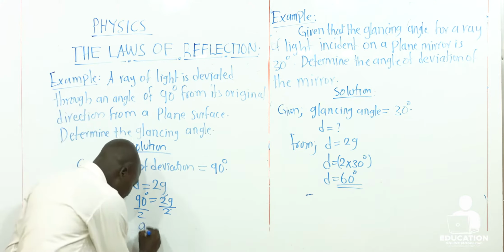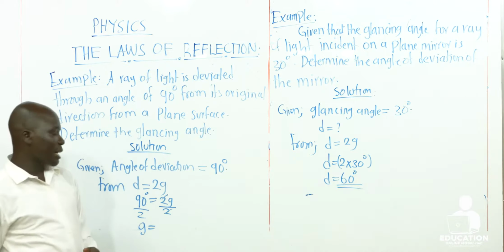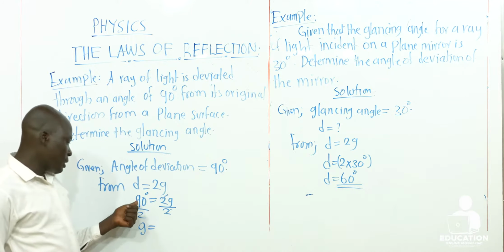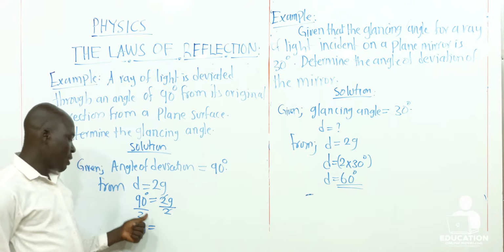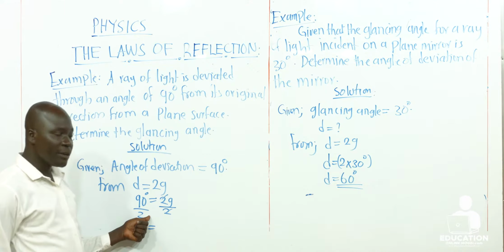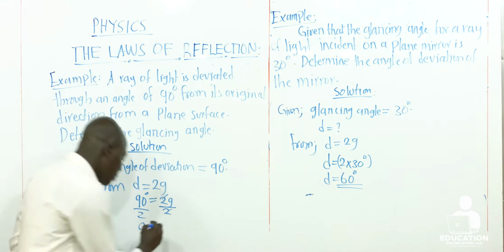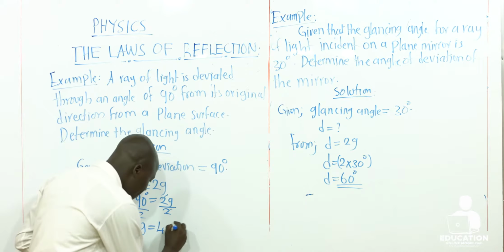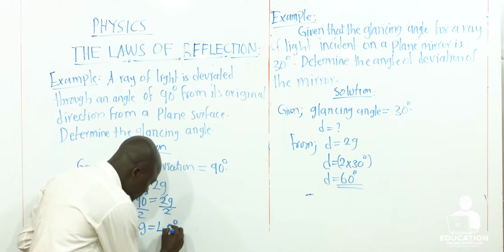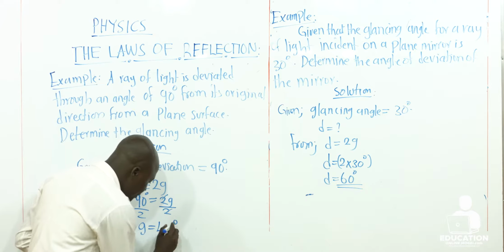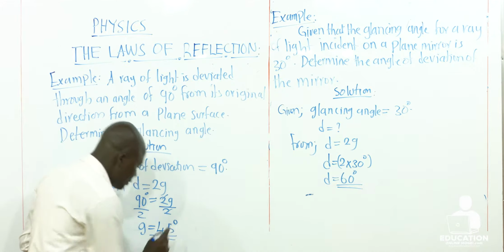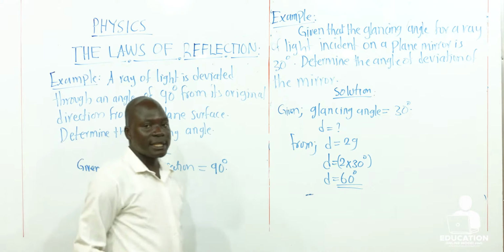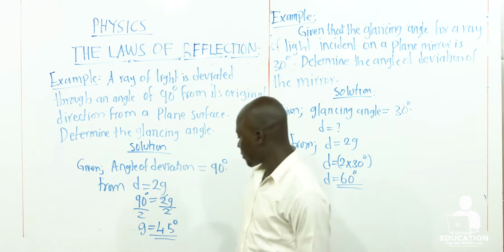So G, which is the glancing angle, is equal to, dear learners, when you divide 90 by 2, you are going to get 45, and angle is measured in degrees. 45 degrees. So this becomes the glancing angle.